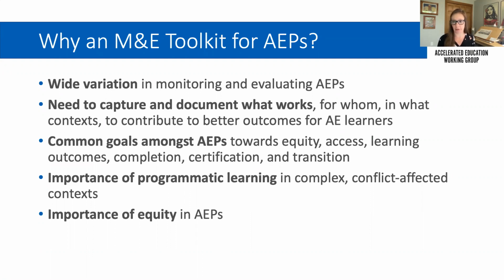When AEPs were reporting on outcomes, a lot of times they were just the basics, enrollment and completion rates, but with numbers rather than percentages. So they were also limited in describing the larger picture of the reach and effectiveness of AEPs.